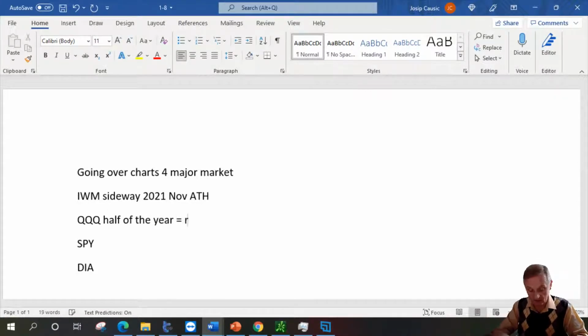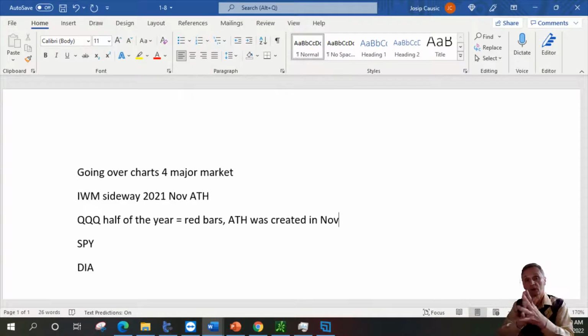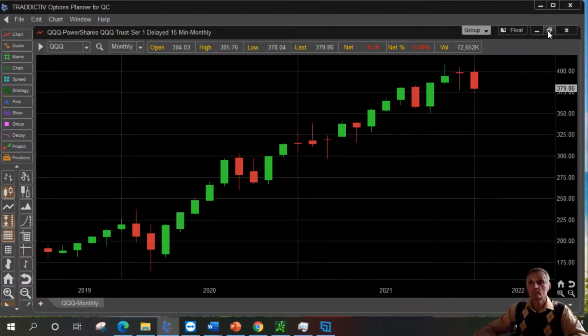Also, the all-time high was created in November. So you can say they're not in sync, but they have one thing in common, and what they have in common is that both the Russell 2000 and technology have created a November all-time high. Let's now compare to the one that is being evaluated by everybody, and that is the S&P 500.